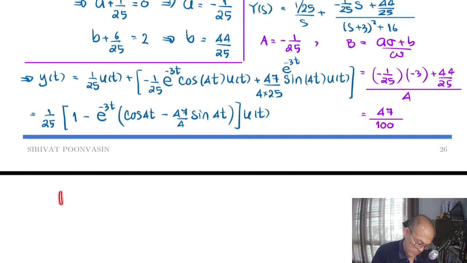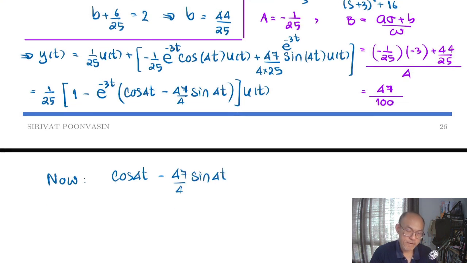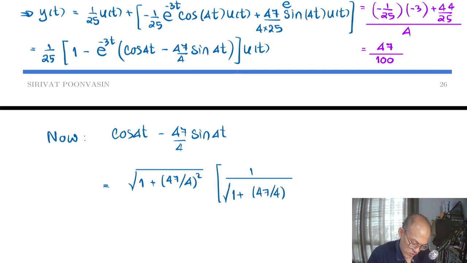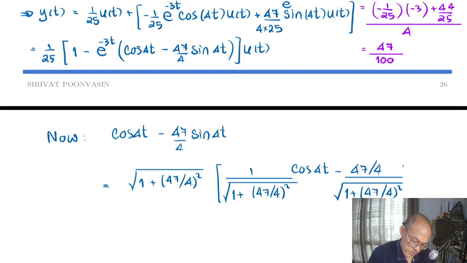Now, cosine of 4t minus 47 over 4 sine of 4t is equal to the square root of 1 plus (47 over 4) squared times (1 over root of 1 plus (47 over 4) squared cosine of 4t minus 47 over 4 over square root of 1 plus (47 over 4) squared sine of 4t).